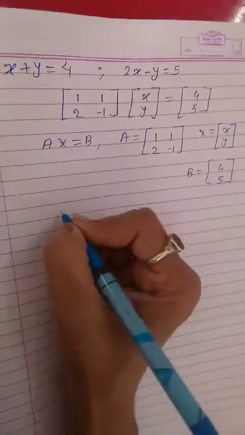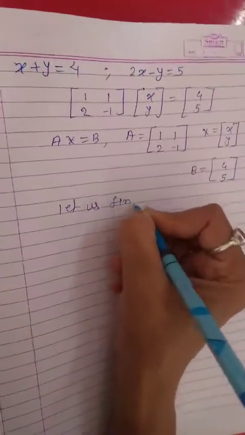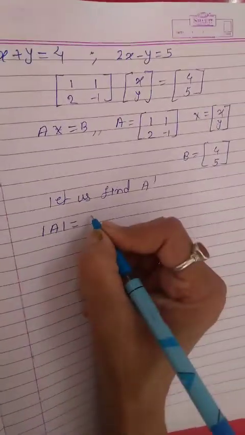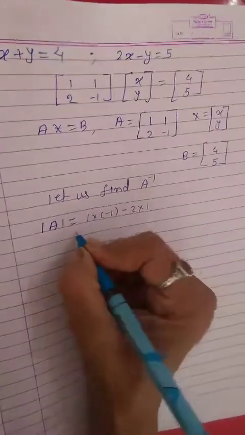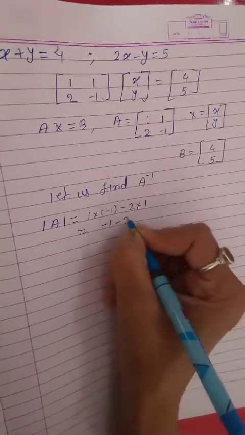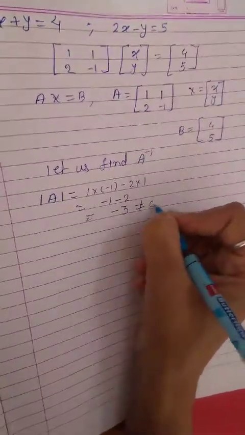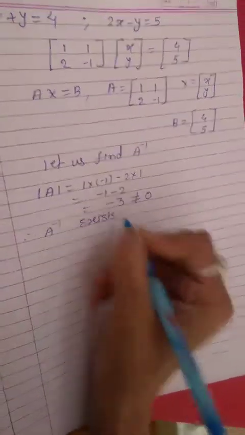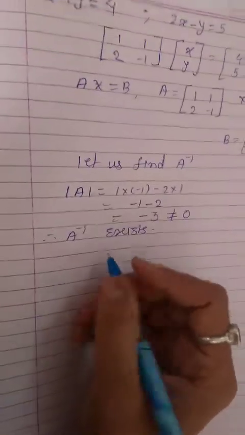Now we will find A inverse. So let us find A inverse. For finding A inverse, mod A is equal to 1 into -1 minus 2 into 1. So -1 and this is -2, that is -3, which is not equal to 0. Therefore A inverse exists. Now we will find A inverse by the adjoint method.